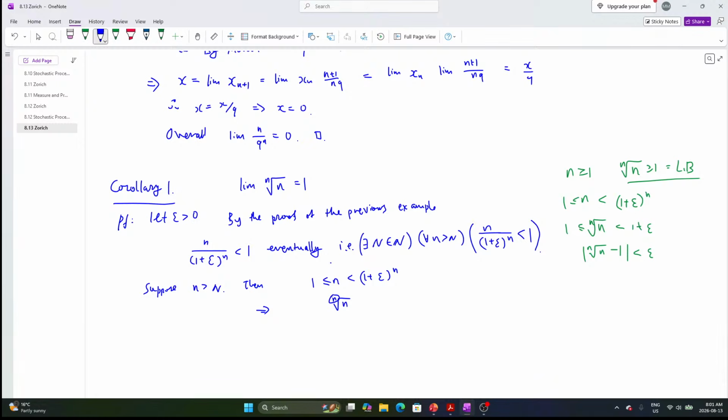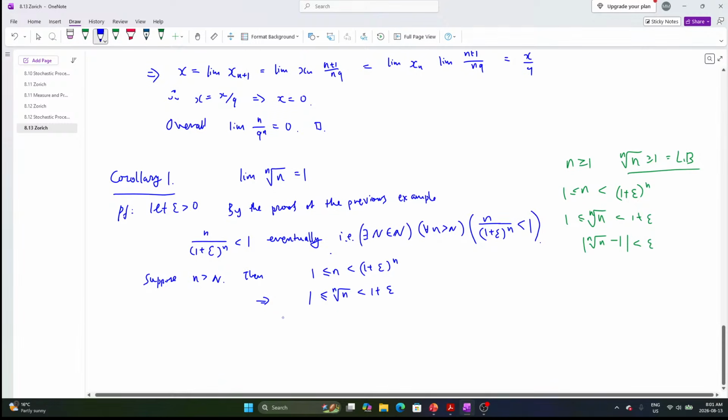Assume that the monotonicity of the nth root function is already known. So it's just 1 on the left-hand side, and this will imply the absolute value of the nth root of n minus 1 is less than epsilon.